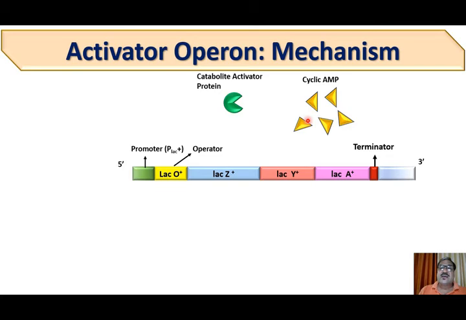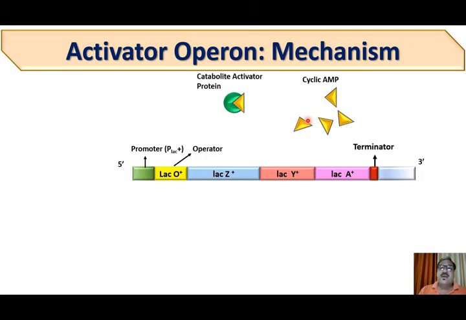Cyclic AMP is a signaling molecule that is involved in glucose and energy metabolism in E. coli. When glucose level declines in the cell, the accumulating cyclic AMP binds to the positive regulator molecule, namely catabolite activator protein, which is commonly called the CAP protein.